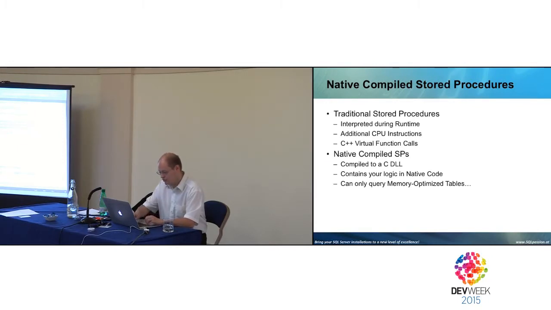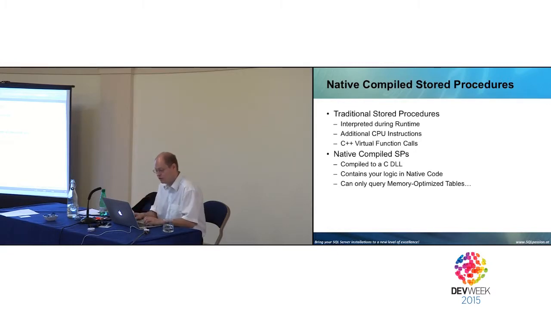Again, I just create a new database. And I create a simple memory optimized table, with the primary key enforced as a non-clustered hash index, and I choose a bucket count of 2 million.